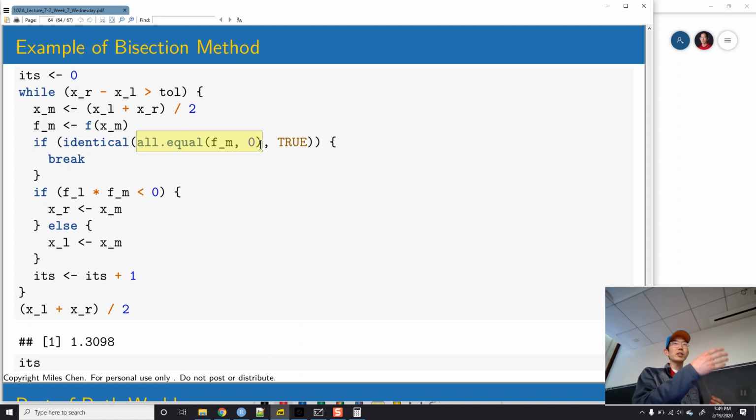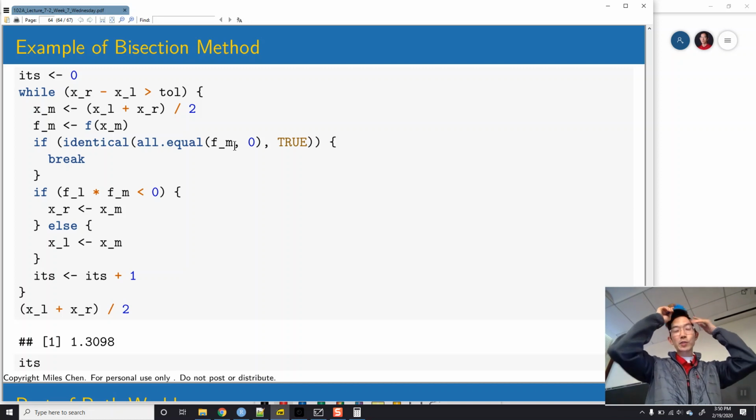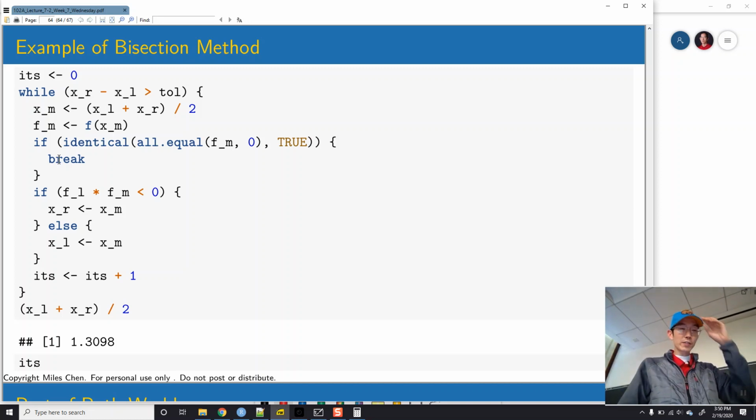So all equal says, if they're close enough, then return true, okay? Now I wrap that in identical true because all equal will return true if these are approximately equal, but when it's false, it returns back a string, which is not what we want, okay? So if it's the case that they're equal, we'll stop, okay?